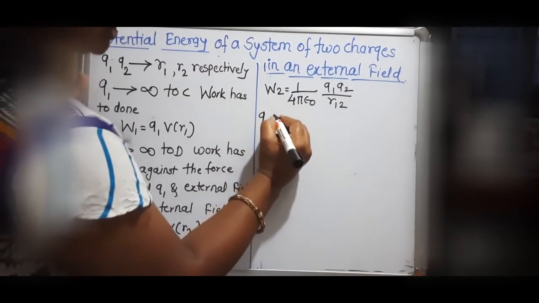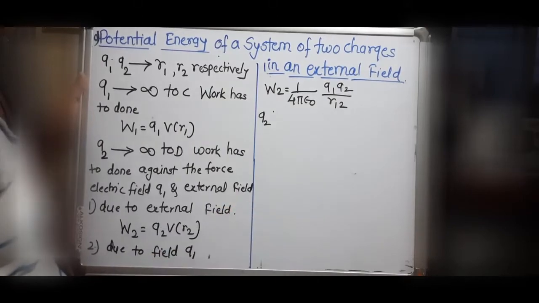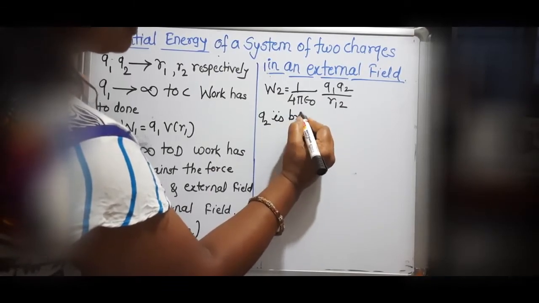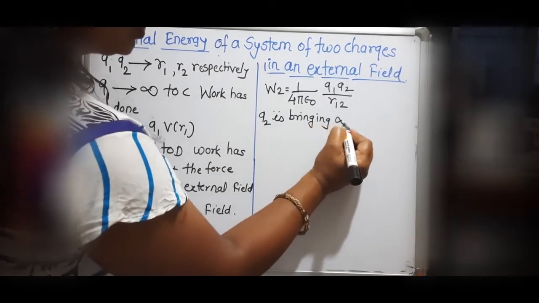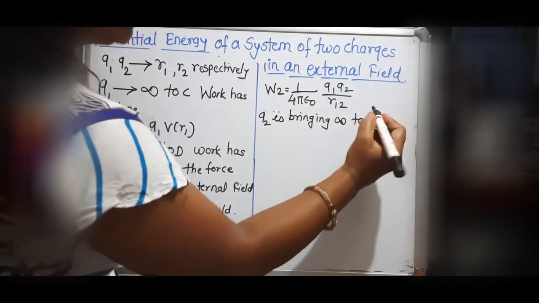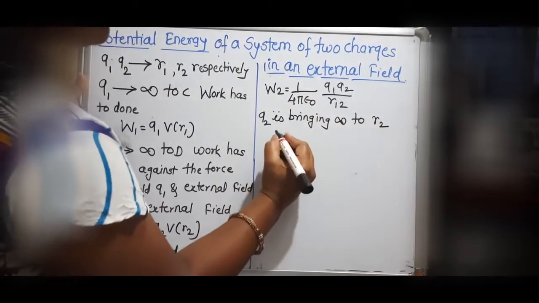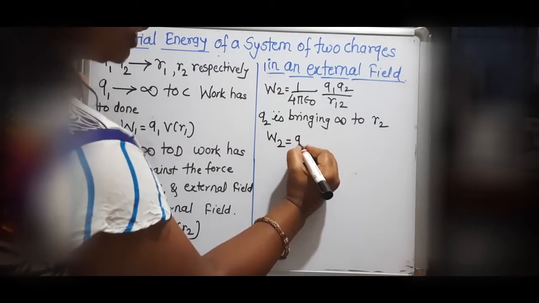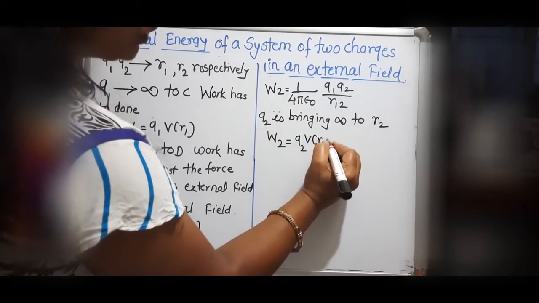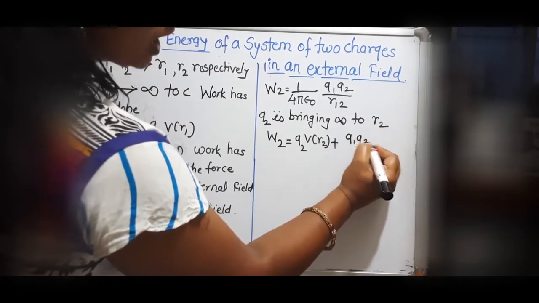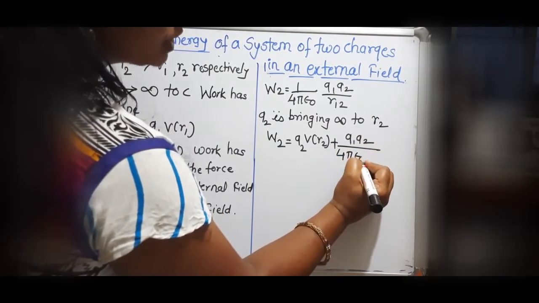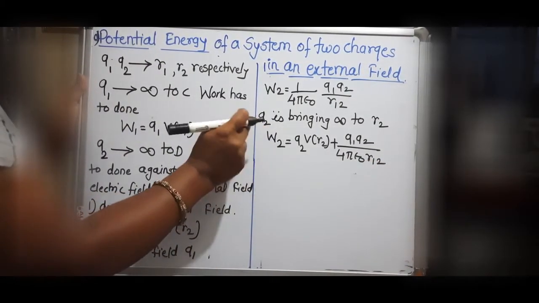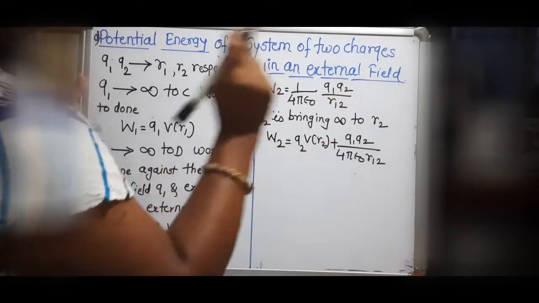Then the total W2 is equal to Q2 V(R2) plus Q1 Q2 upon 4 pi epsilon 0 R12. This is the work done when the Q2 charge is brought from infinity to R2.